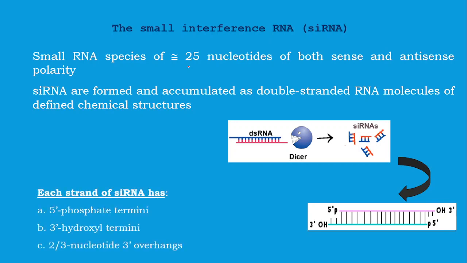The key features of this siRNA are a 5' phosphate group end and a 3' OH end, and another essential feature is a 2 to 3 nucleotide overhang at the 3' end, which is a key feature of the siRNA.